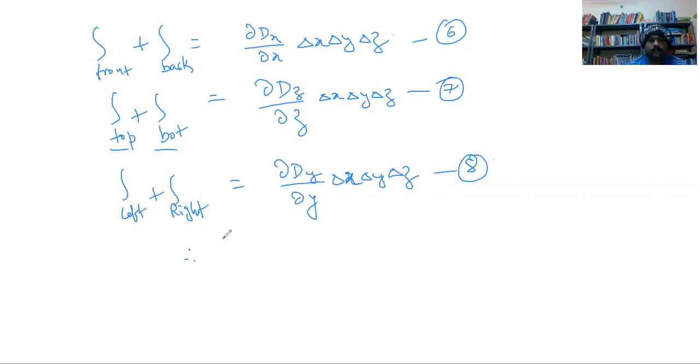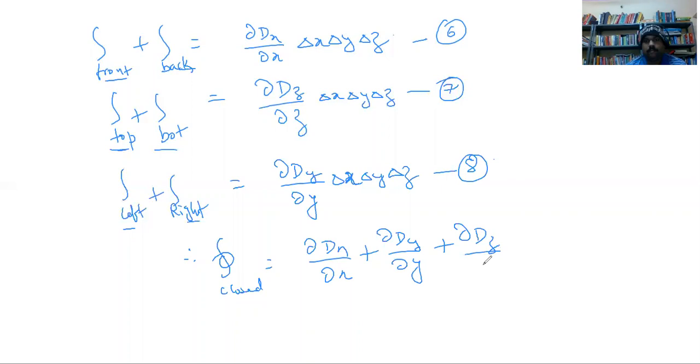Therefore, the cyclic integral, the closed integral, is nothing but front plus back plus top plus bottom plus left and right. We get dou dx by dou x plus dou dy by dou y plus dou dz by dou z into delta x, delta y, delta z.